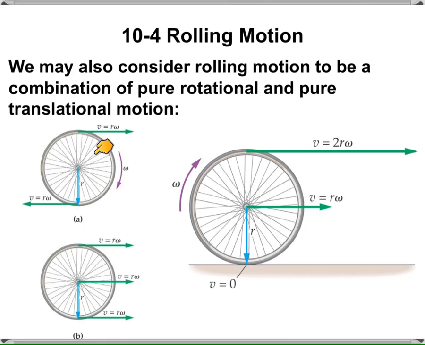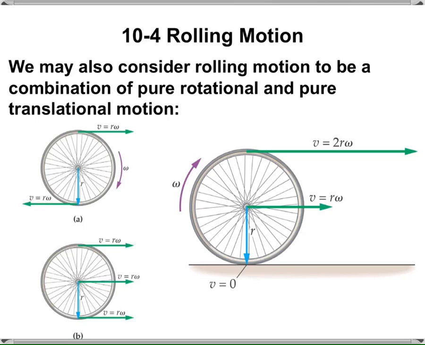When the wheel is going toward the right, you can decompose the motion of the wheel into two parts. One, the wheel is rotating. The other is the wheel is not rotating, but all its points are going toward the right with the same velocity. So the motion of the wheel is the sum of these two different cases, right?